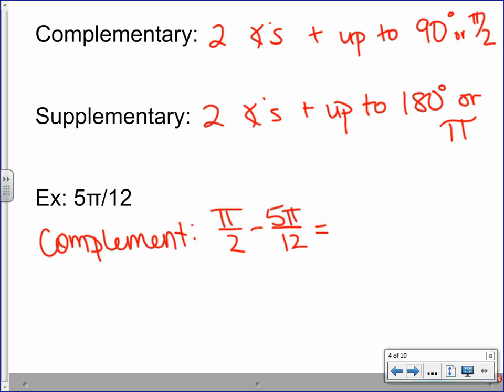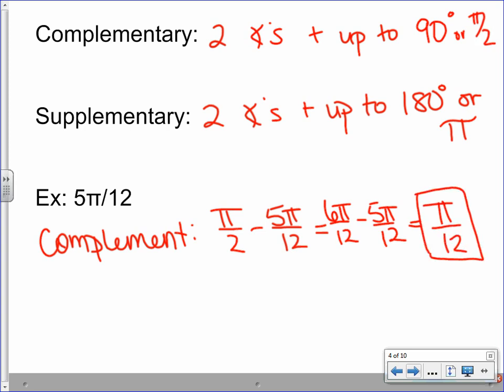If it helps, you may need to change pi over 2 to a fraction that has denominator 12, which means we have 6 pi over 12 minus 5 pi over 12, which is pi over 12. That is its complement.